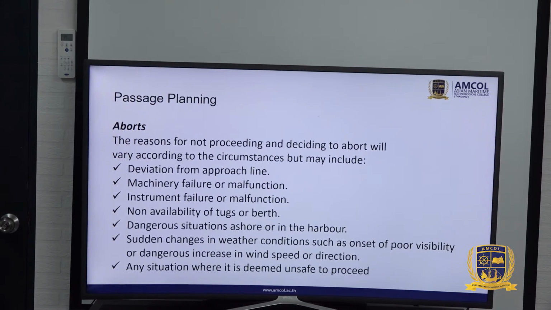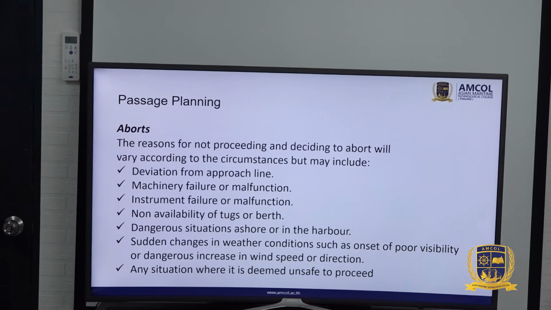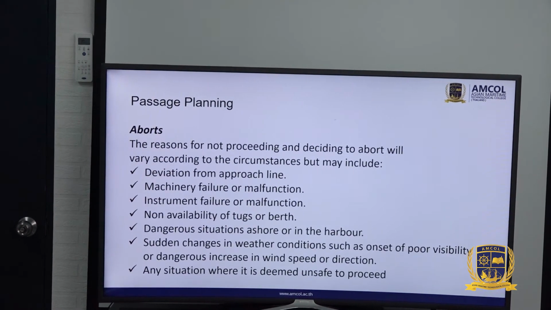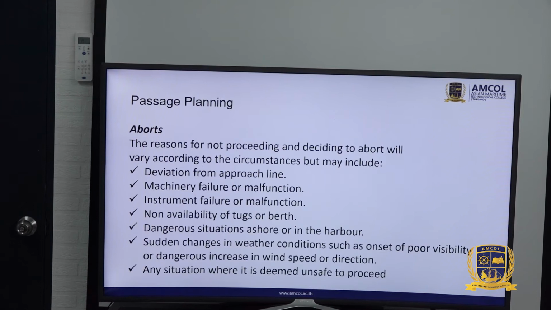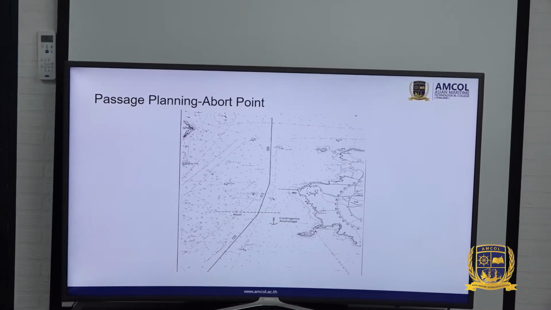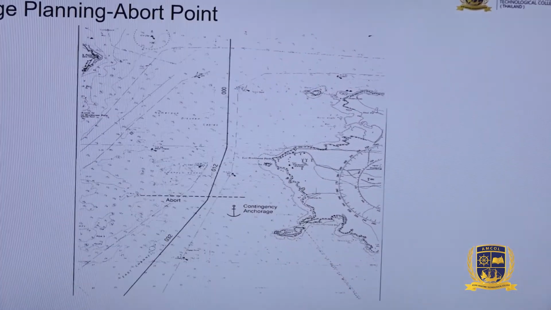And that is a point at which a decision will have to be made. Of course, master will be very much involved in making the decision to ensure that a correct decision is made. So as you can see on the chart, we have marked the abort point beyond which the vessel will not be able to retrack.